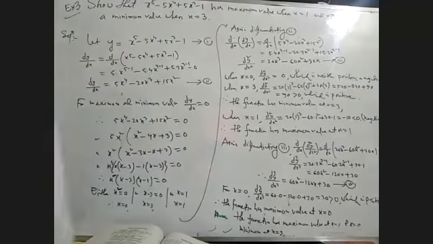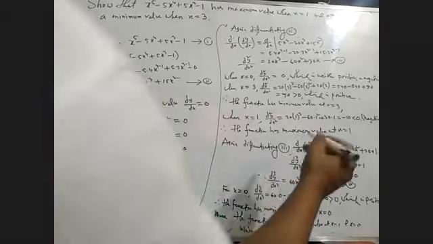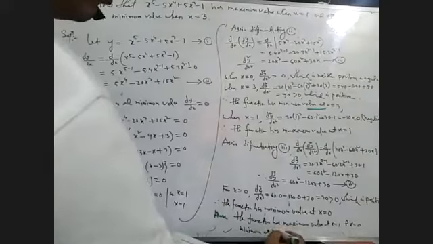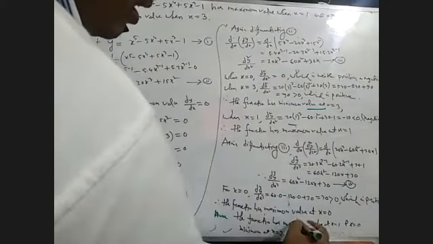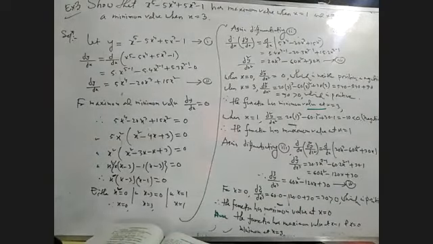That means we get the minimum value at x equals 3. This is the minimum value, and this is the maximum value. Okay, so very interesting maths.